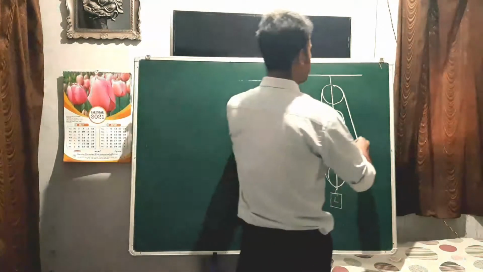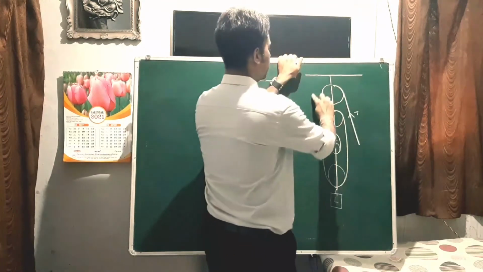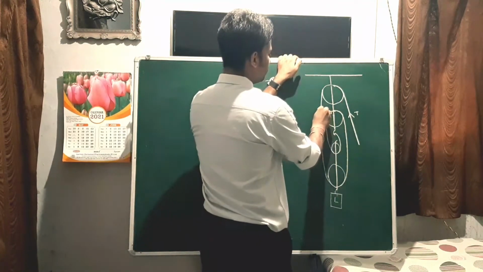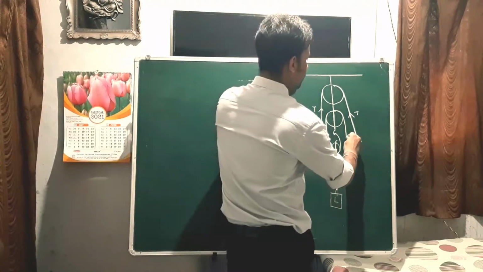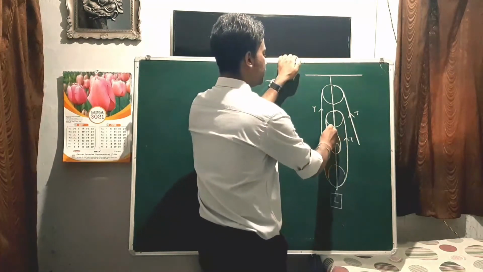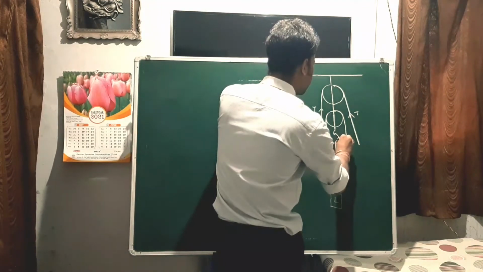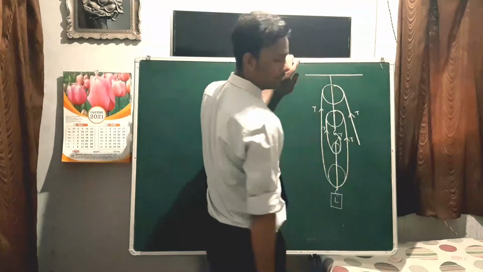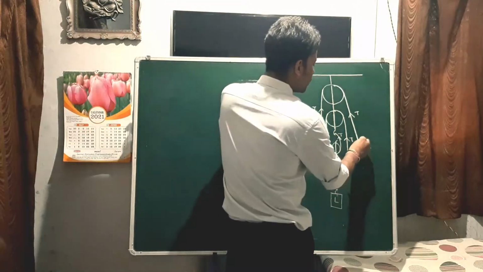So if the tension is T here, then here it will also be T, also T here, right? Then again here it is also T, and in the last case here it is also T, here it is also T. Okay, we are applying effort toward this direction.